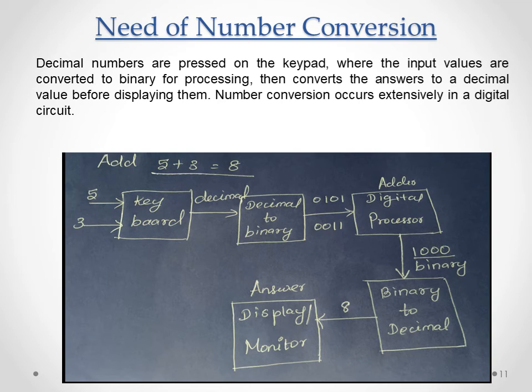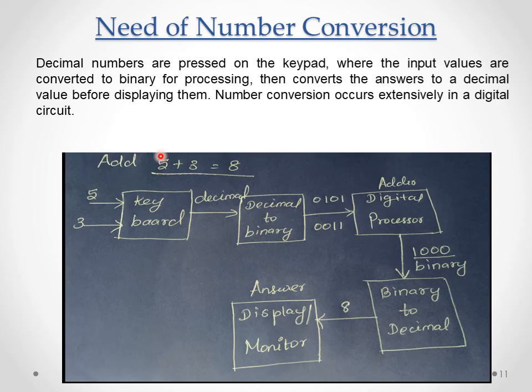We know 5 plus 3 is equal to 8. So what will we do? Normally we will type number 5, plus sign, number 3 on the keyboard, then the equal sign. So we will get the answer 8 on the monitor.